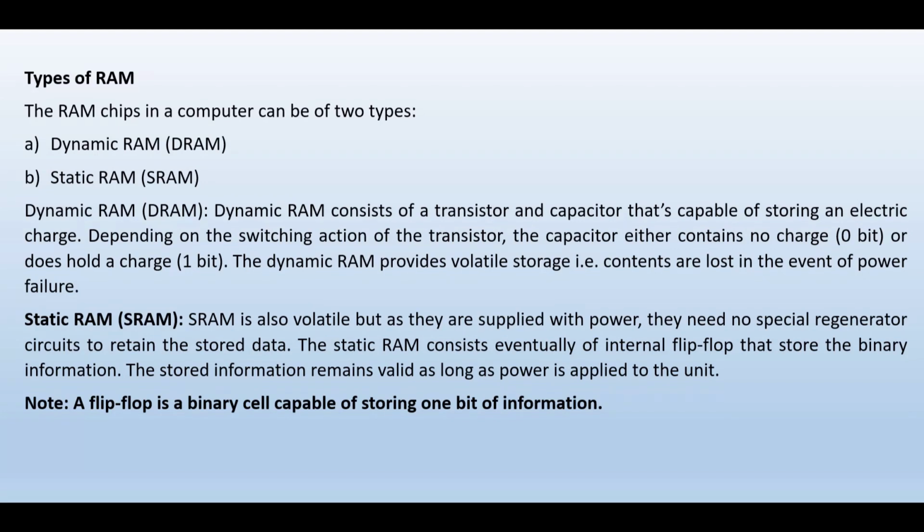The dynamic RAM provides volatile storage, that is, content is lost or erased in the event of power failure. That means when the power goes off, the DRAM is erased.